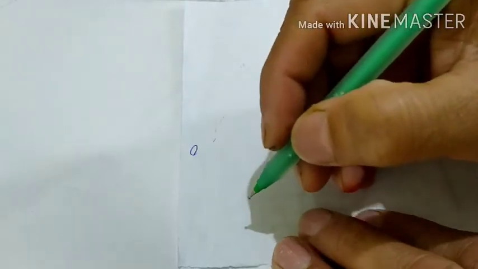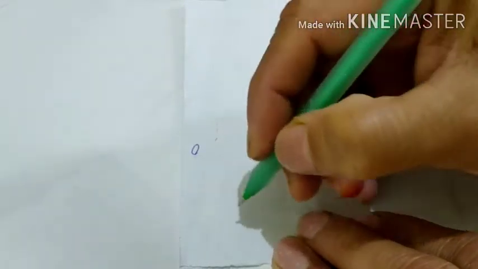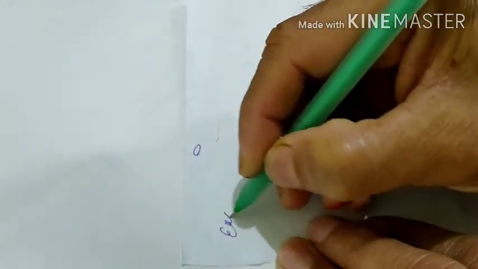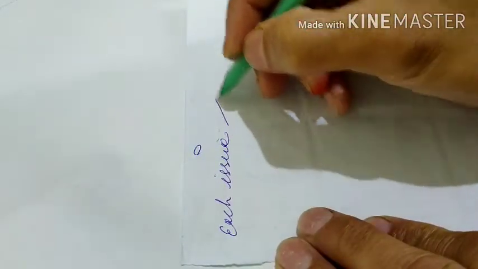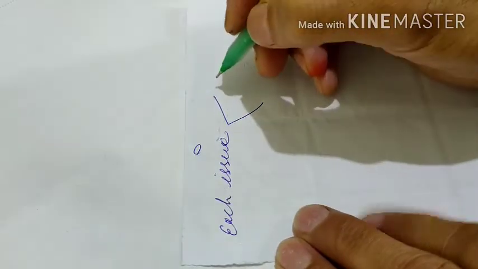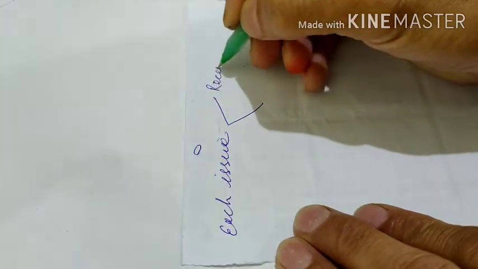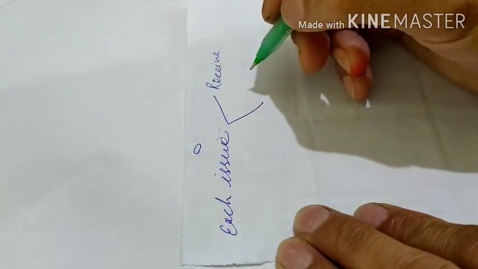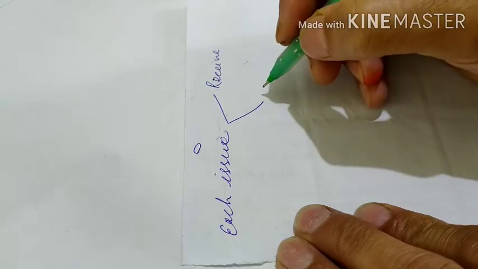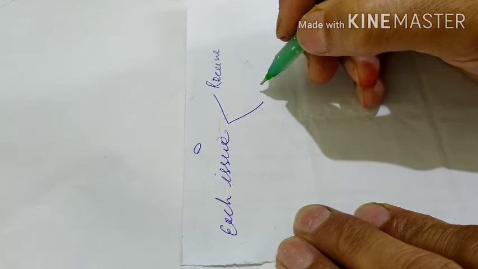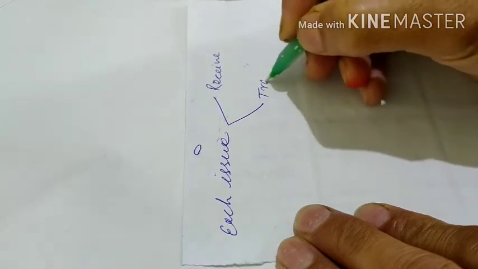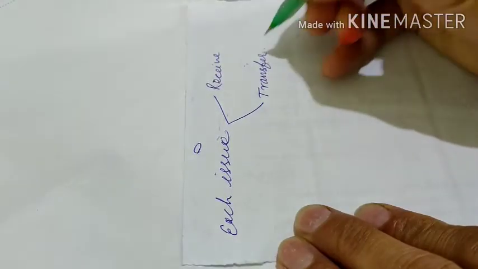Here, each issue of debentures will have two entries. One entry for receiving of application and allotment money, and another entry will be for transferring the application and allotment to the debentures account.